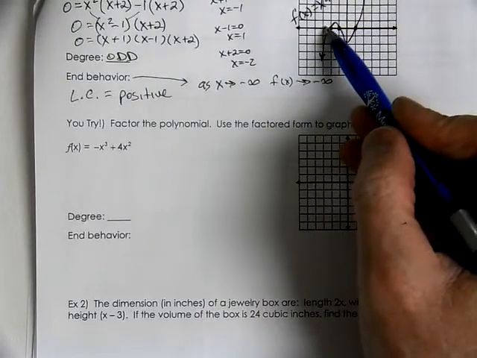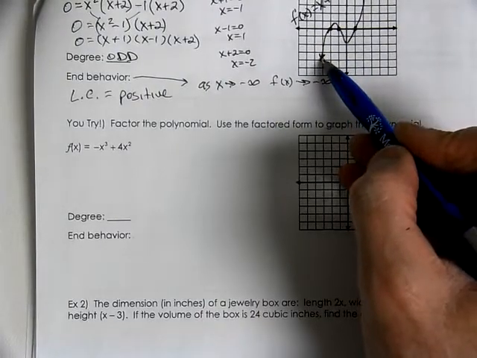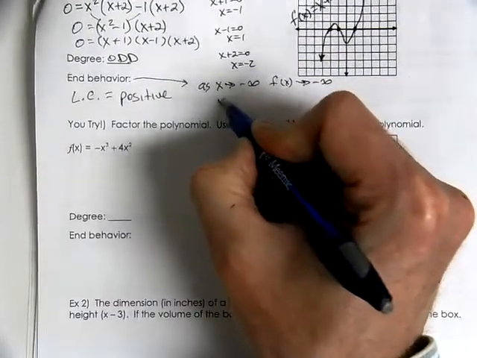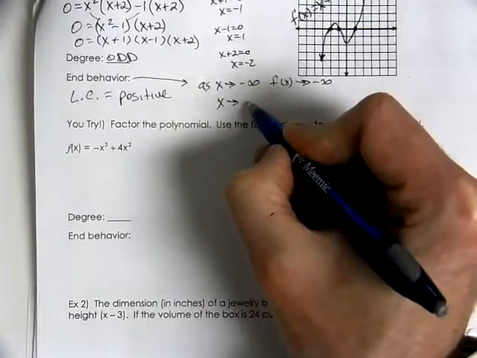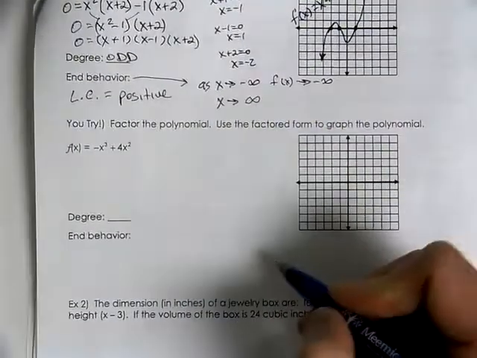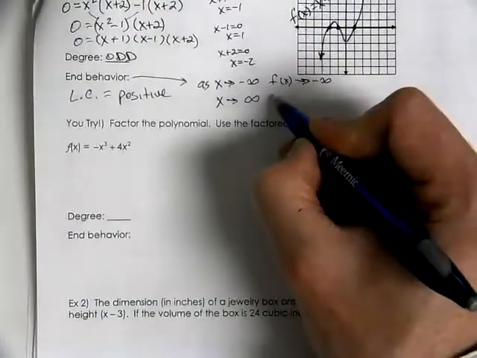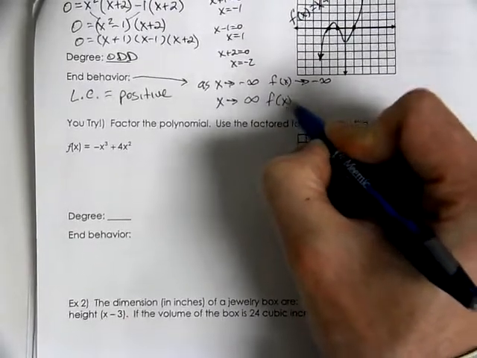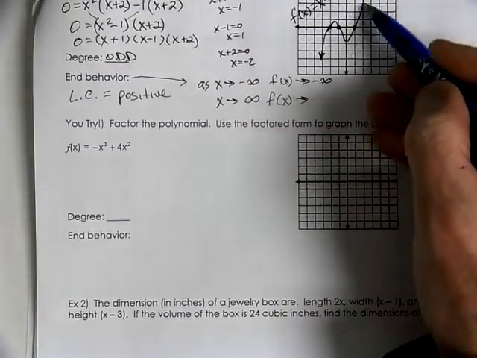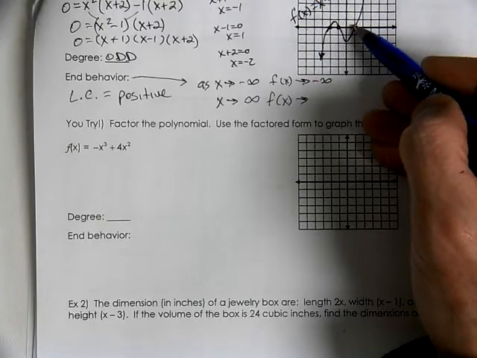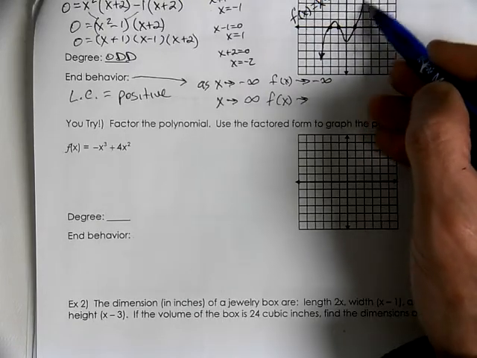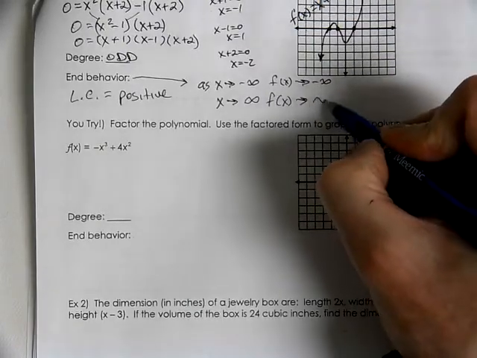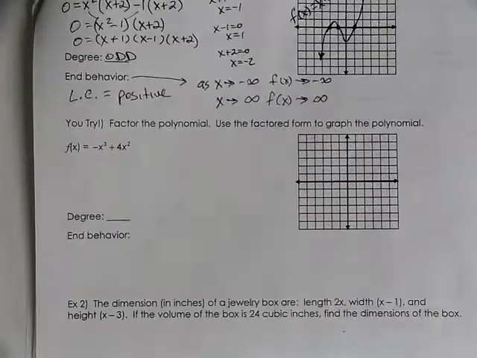As x gets smaller, f of x gets smaller. As x gets bigger, approaches infinity, the function is increasing. If you look to the graph, the further to the right we go, the more the graph goes up. So it approaches infinity.